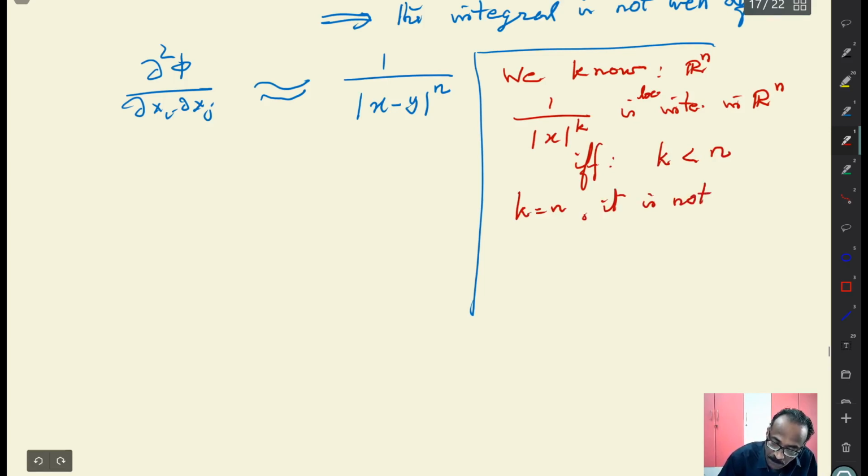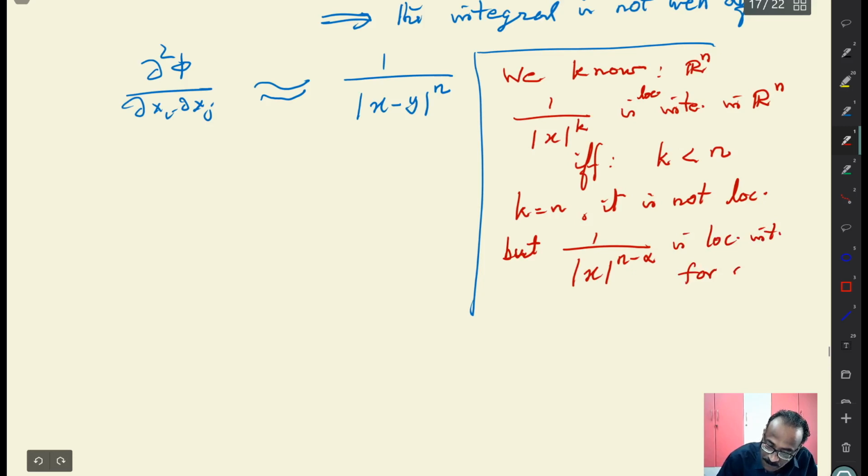But if you take a little less, suppose 1 by mod x power n minus alpha, with 0 less than alpha less than 1, it is locally integrable.